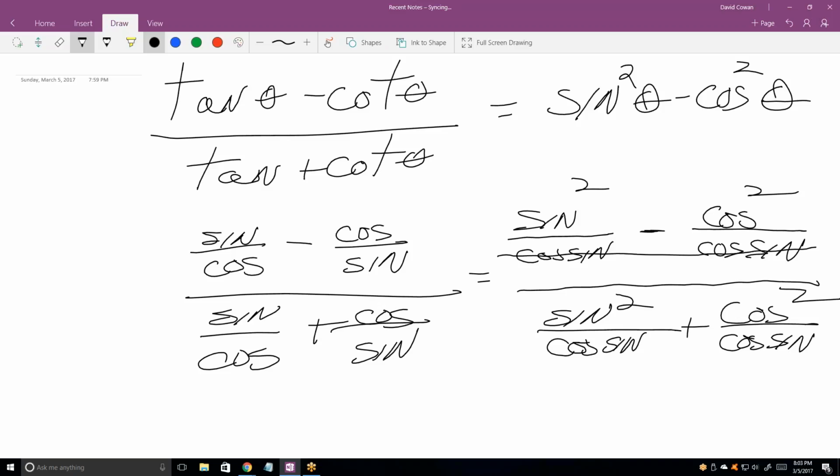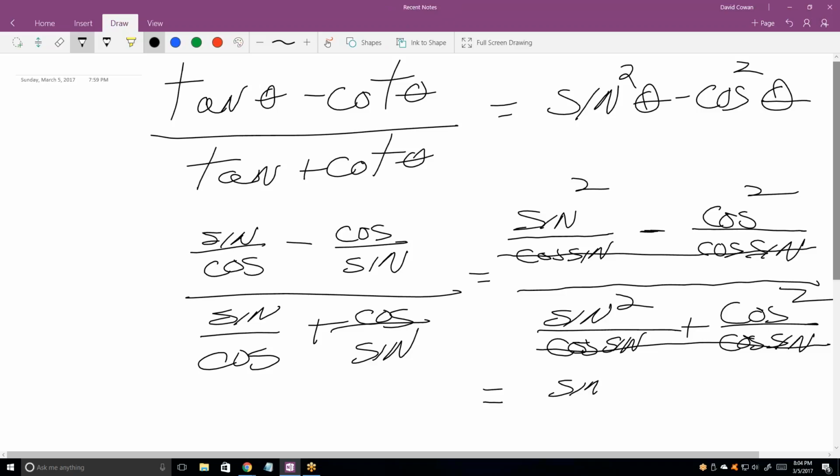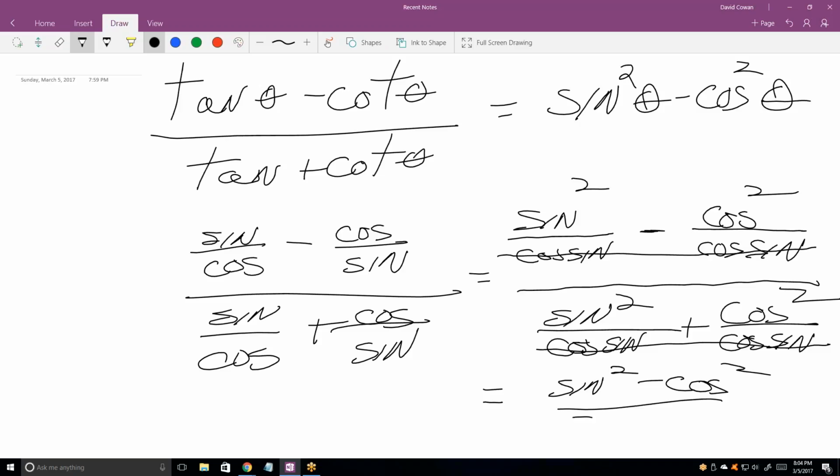If the numerators are the same, you cannot do that. But if the denominators are the same, if I flip the bottom and multiply, they're going to cross out anyway. So I'm left with sine squared minus cosine squared all over sine squared plus cosine squared.